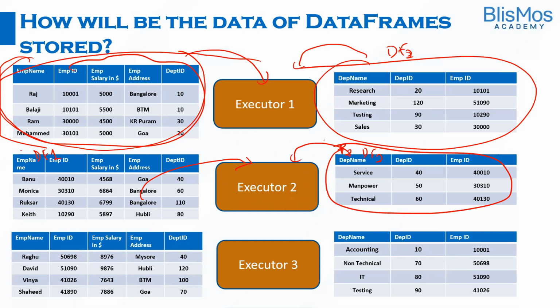The point here is, first of all, when we say big data, the data is not at one place. We would need two data frames to perform the joins. Those two data frames are not at one place.